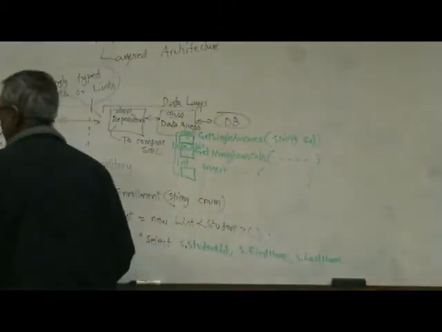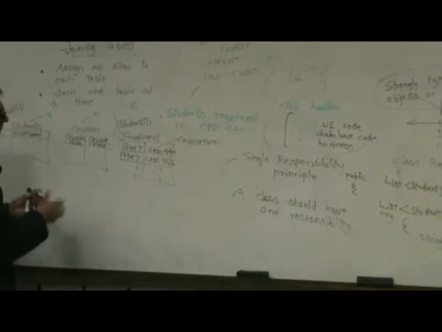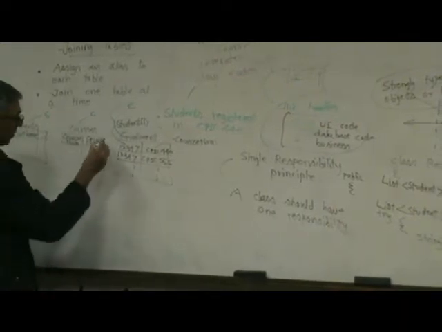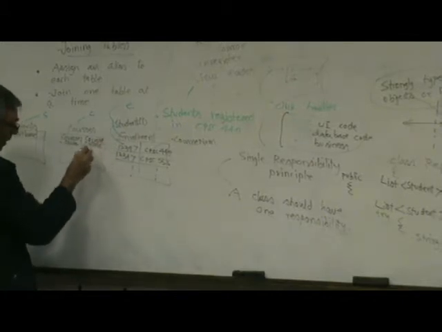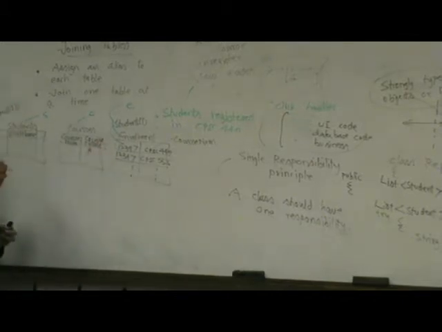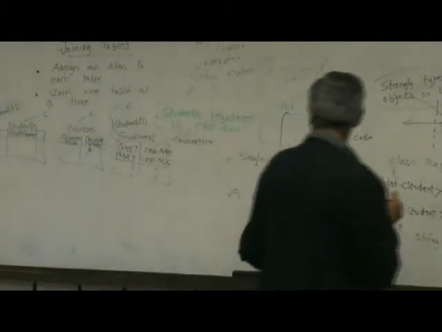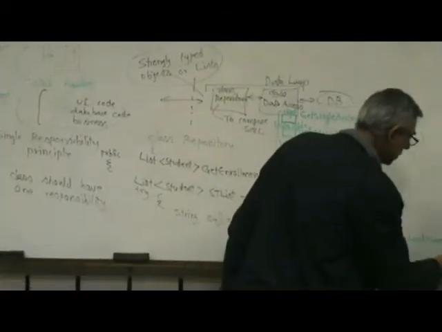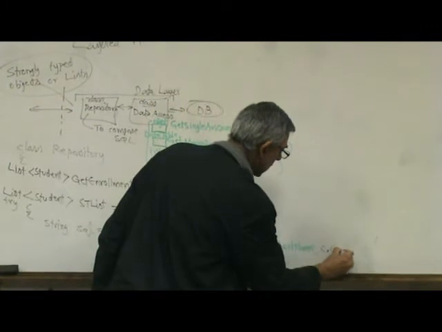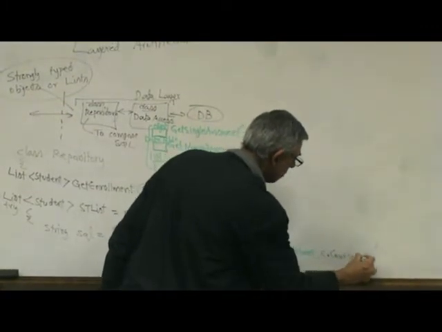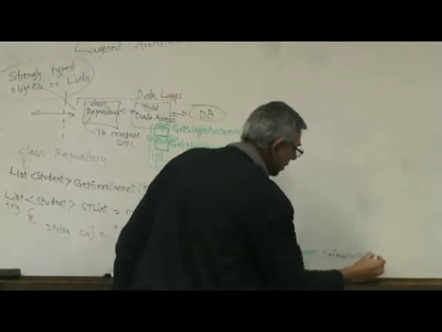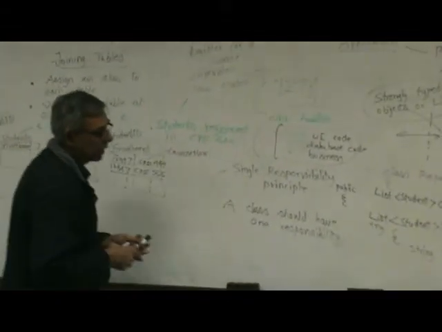Okay, if you wanted, just for the sake of fun, let's also pretend we wanted to return the name of the course, because that is in the courses table, so C dot course name, right?